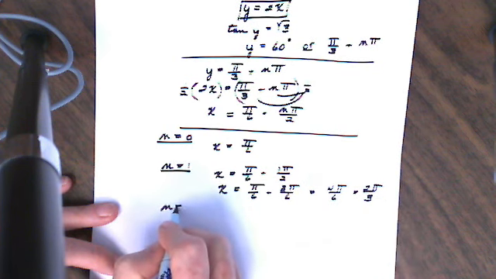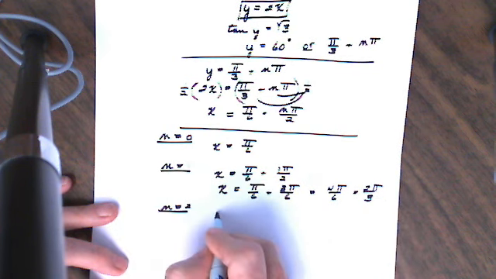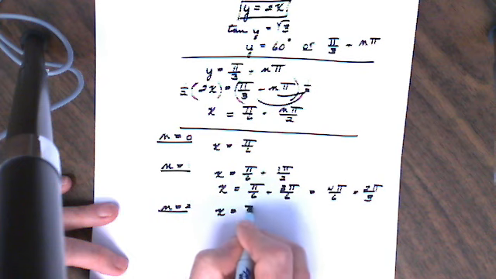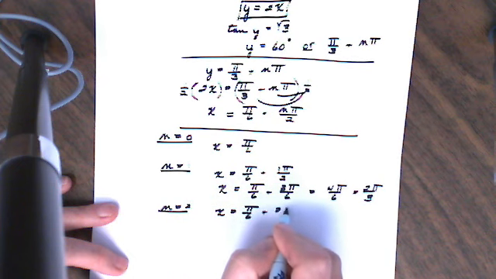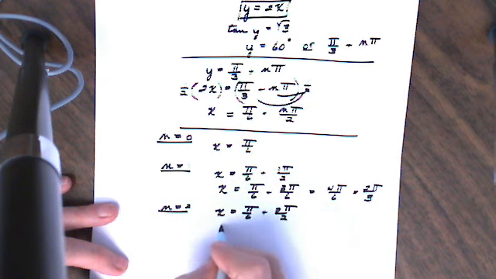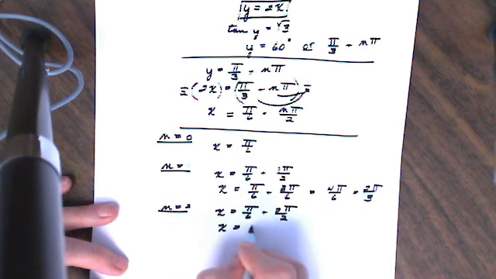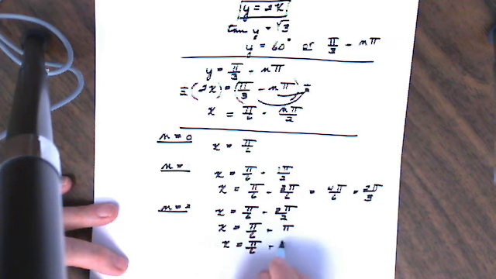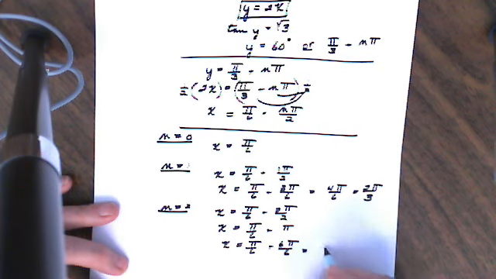Next, I'm going to replace n with the number 2. X is equal to pi over 6 plus 2 pi over 2. And x is equal to pi over 6 plus pi. Or x is equal to pi over 6 plus 6 pi over 6, which gives me the answer 7 pi over 6.